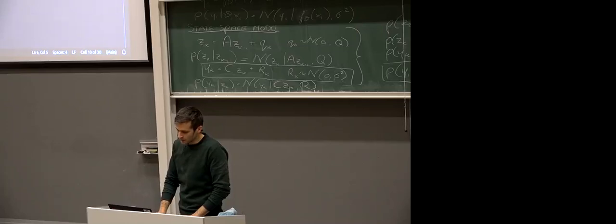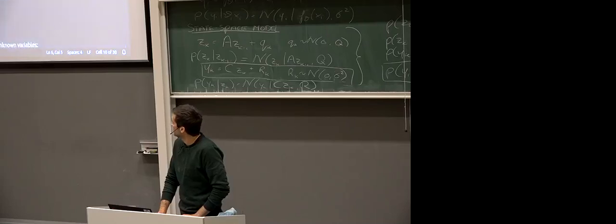So our prior state. I've tried to convey this a couple of times over the course, that these probabilistic programming languages are designed to match your math equations as much as possible. So we have an initial state prior, z0.